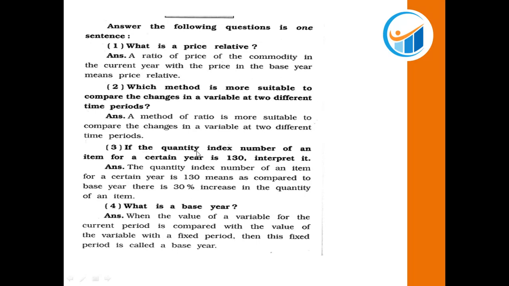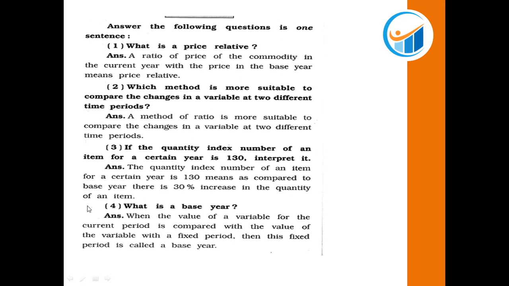If the quantity index number of an item for a certain year is 130, interpret it. The quantity index number of an item for a certain year is 130, means as compared to the base year there is a 30% increase in the quantity of an item.